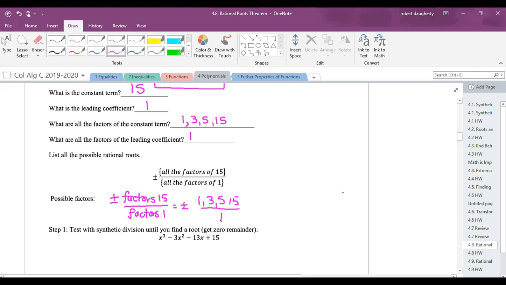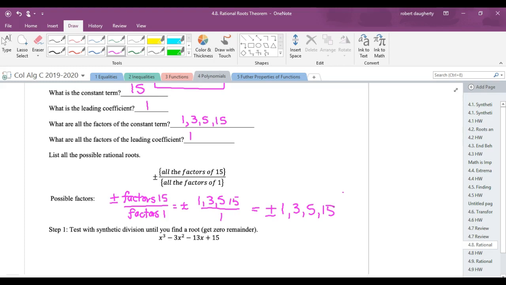Okay? So the list of possible roots: take every number on this list and divide it by this number. This one's pretty easy. What is 1 divided by 1? 1. 3 divided by 1. 5 divided by 1. And 15 divided by 1. So those are the only possible rational solutions that there are.